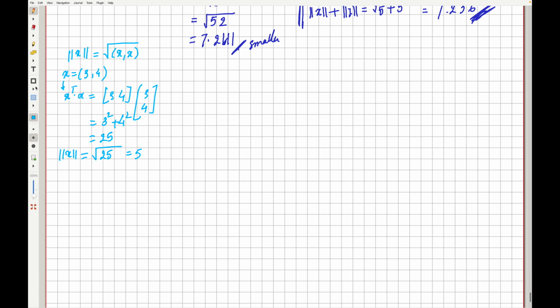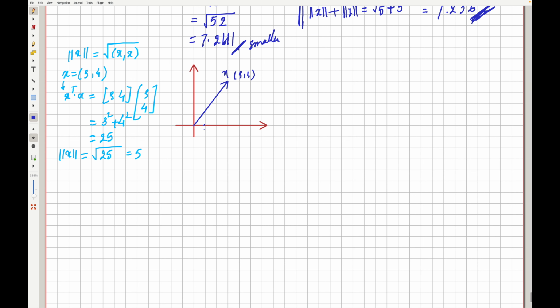So what this tells us is that this is exactly the distance from the origin. If we plot a point, let's draw an arrow here and an arrow here, and let's say that is the origin. This is 1, 2, 3, so that's 3, and 1, 2, 3, 4, so maybe that's the point we are aiming at. That is our vector 3, 4, which is x.